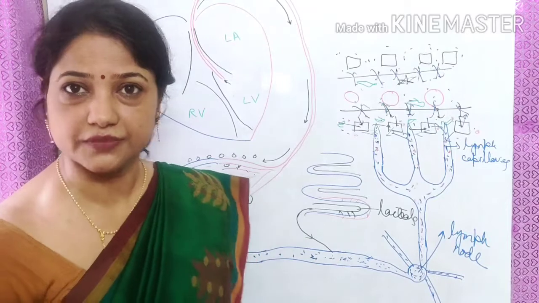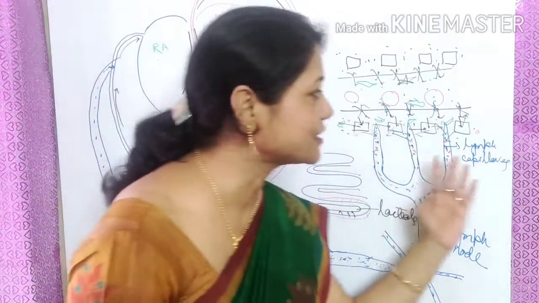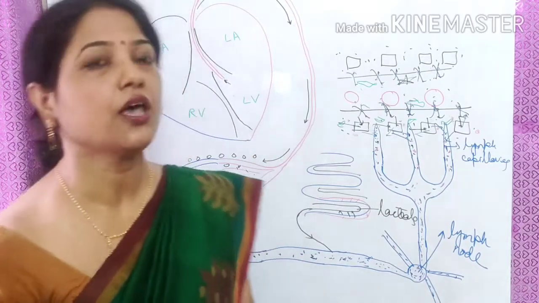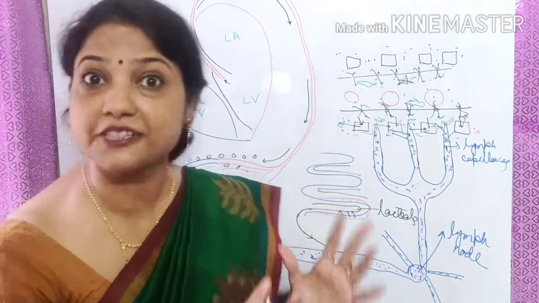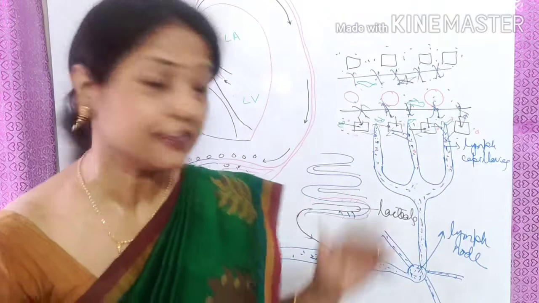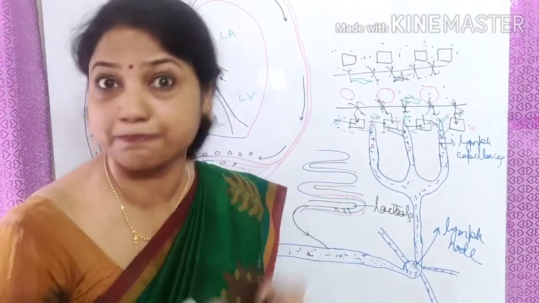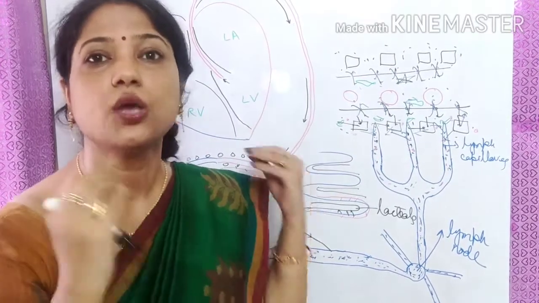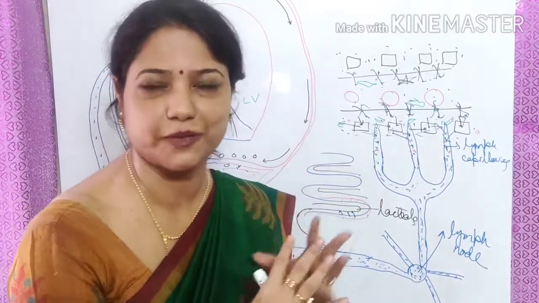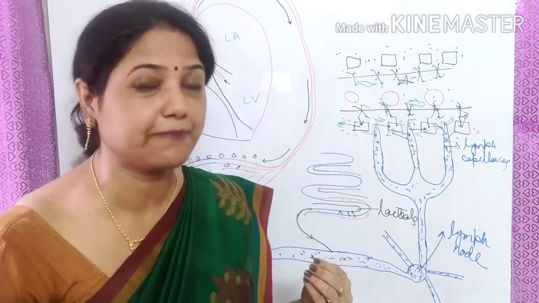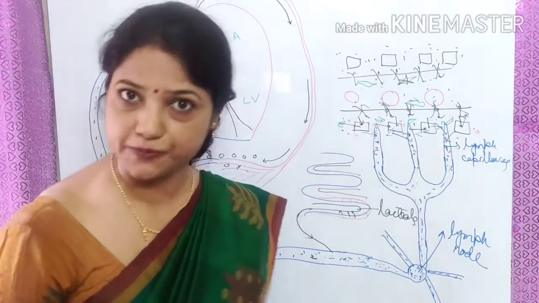Third function of the lymph, children: these lymphatic capillaries enter into those places where blood capillaries are absent. There are some places in our body, very few places, where blood capillaries are not present, but there these lymphatic capillaries are present. So lymphatic capillaries are present means lymph is present.